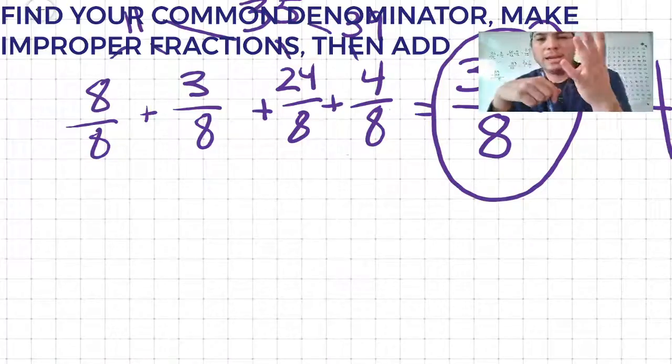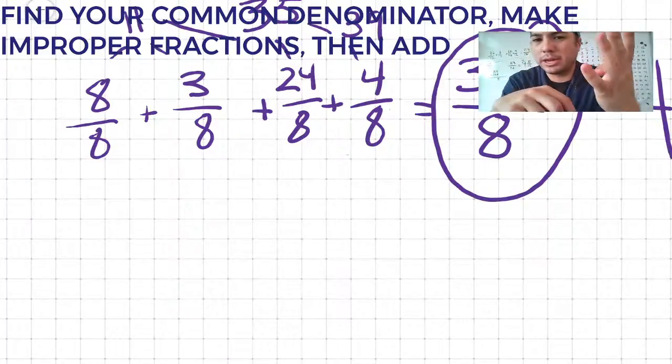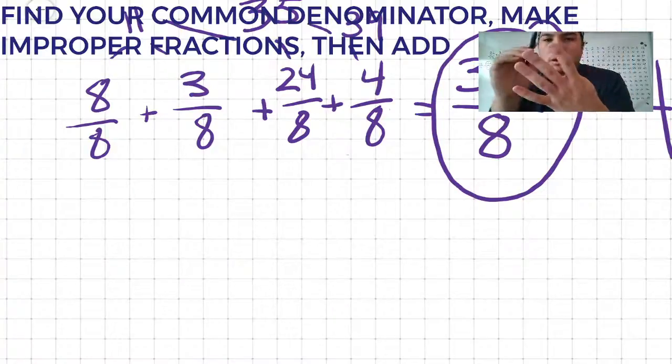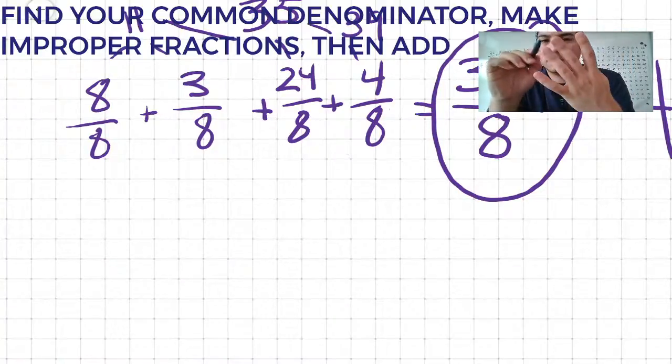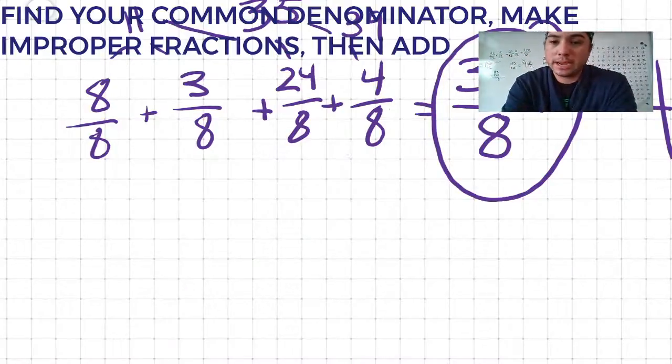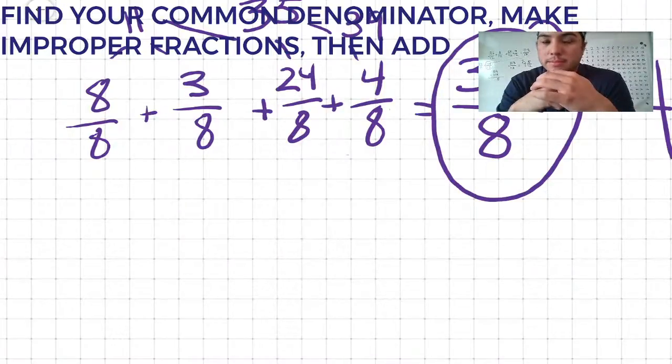And then how many eighths left over? So we took our 39 eighths. We took 4 wholes out of it, or 8 eighths, 16, 24, 32 eighths. So what's 39 eighths minus 32 eighths?